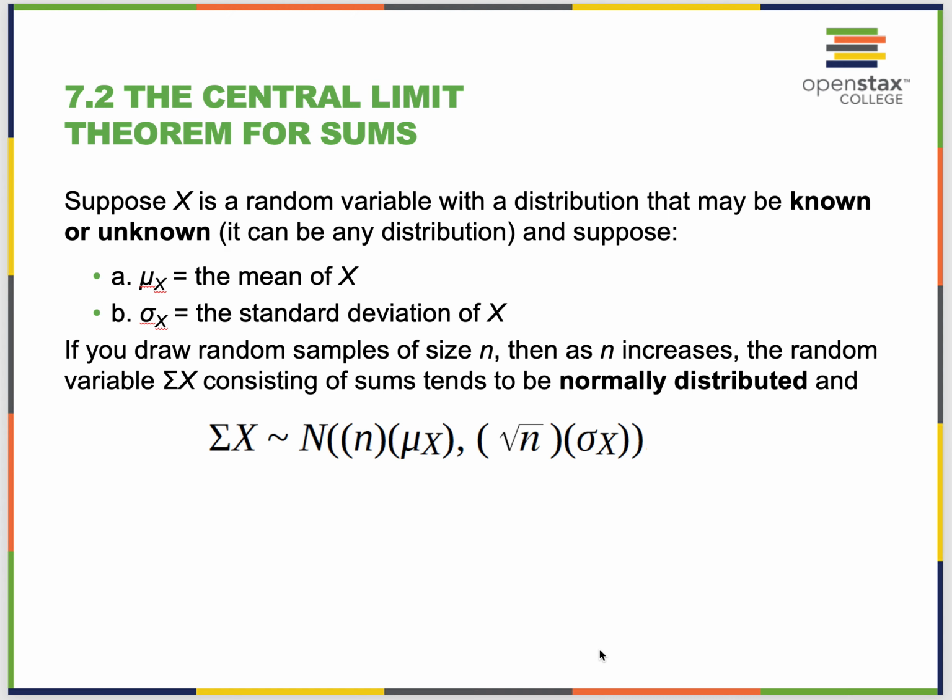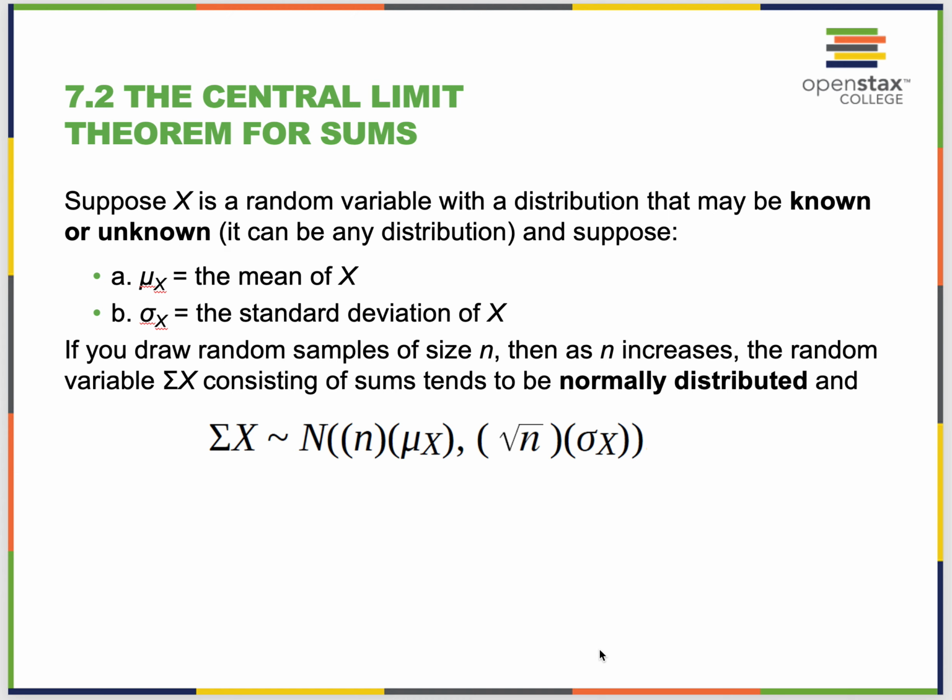Now, the central limit theorem for sums: let's take X as a random variable with a distribution that may be known or unknown. It doesn't matter again. It can be any distribution. Mu sub x is the mean of X. Sigma sub x is the standard deviation of X. This is the population distribution.